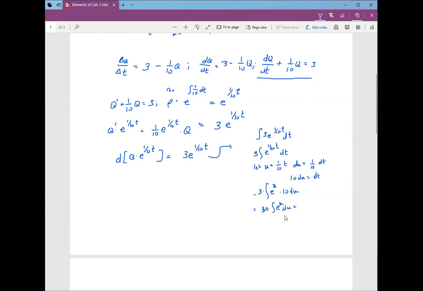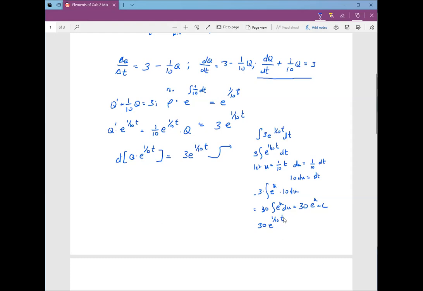That's about the easiest integral we could ever ask, so that's just e to the u plus c. We have 30, and the reason we don't distribute the 30 is that we have a constant here, and 30 times a constant is still a constant. If you multiply it, great, and if you don't, that's probably easier, because who wants to track a whole bunch of constants? So this is 30 e to the, what the heck was u again?